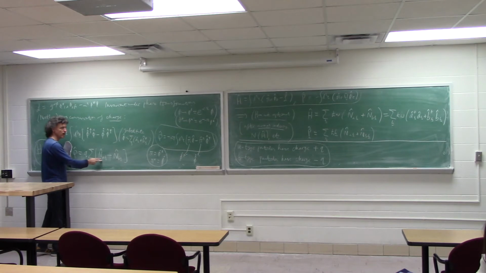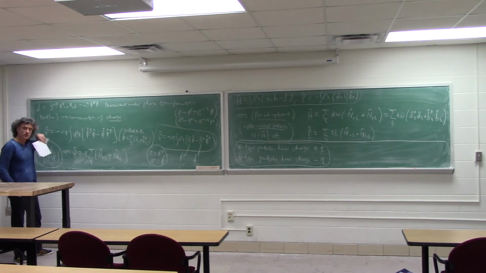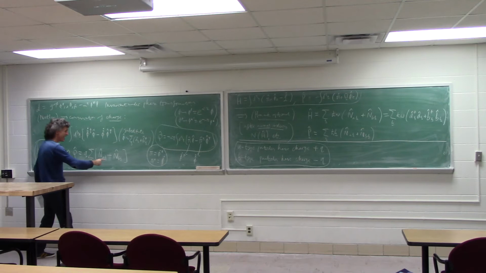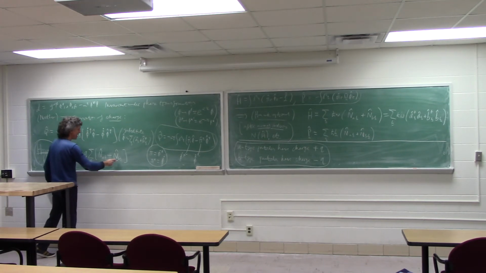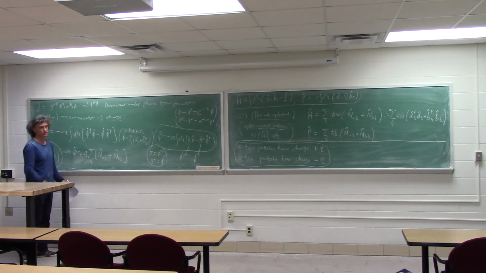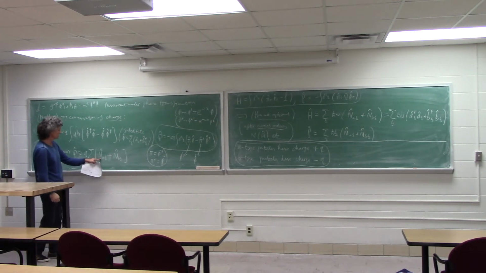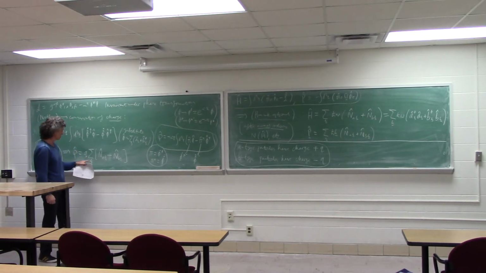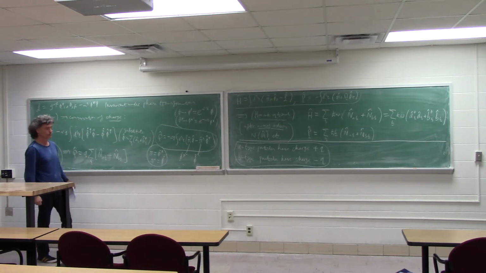If I've got n particles of A-type, then in a given mode the total charge is just Q times that number. If I have n particles of B-type, the total charge is n times minus Q. So I'm summing up: I've got Na particles with charge Q, and Nb particles with charge minus Q.